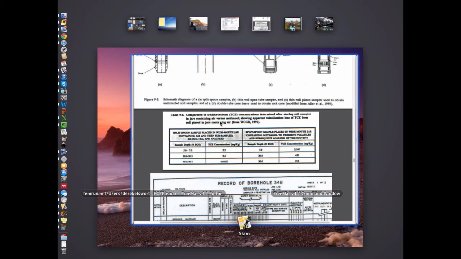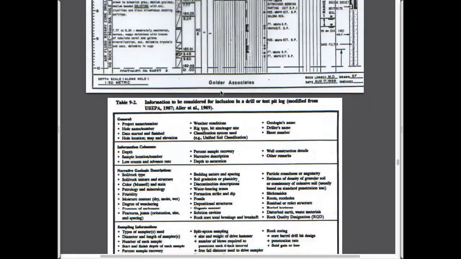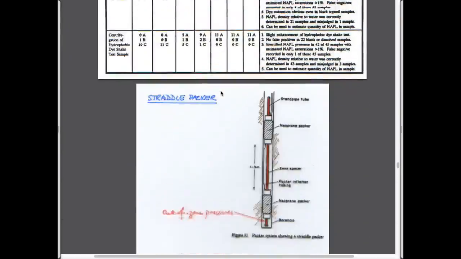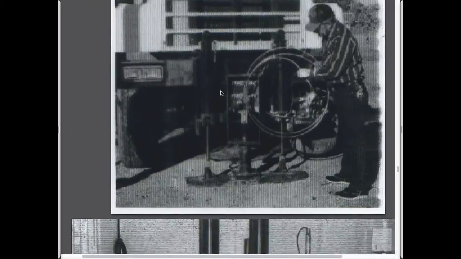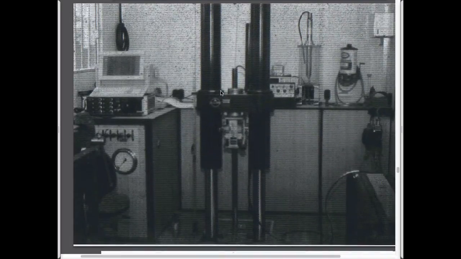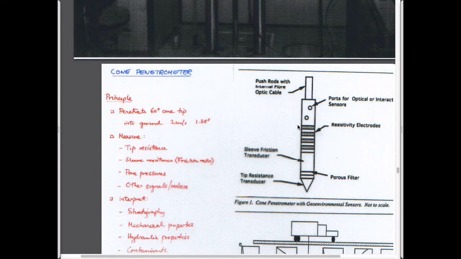The other way to do site investigation. We've talked a little bit about augering, and we've talked about rotary drilling. The other way to profile is something called continuous profiling. Quite popular these days in the environmental area, it involves pushing a tapered probe into the ground.